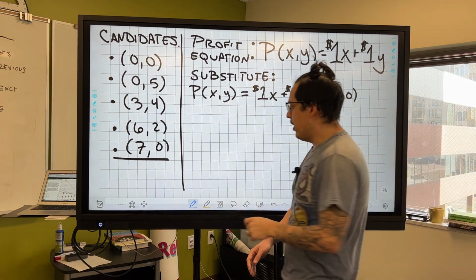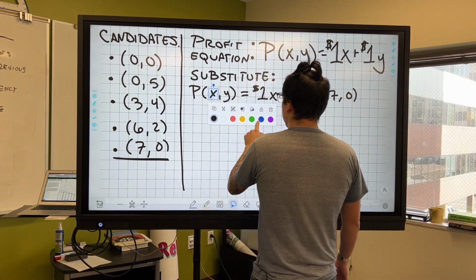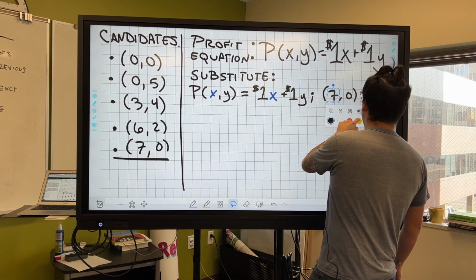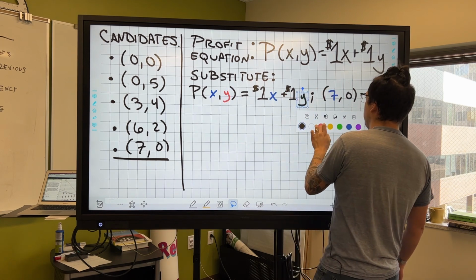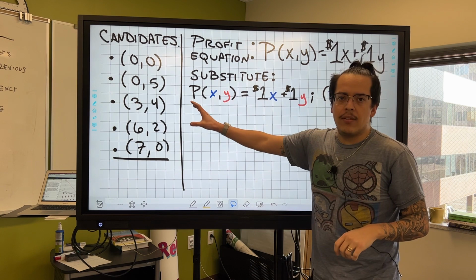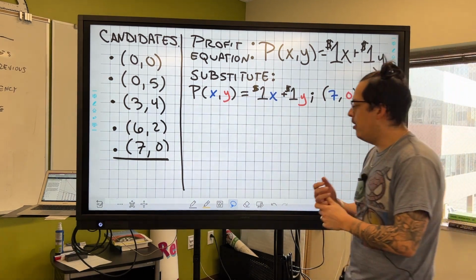So let me take a second to color code this the way I like to do. And now we have something where our substitution should be a little bit easier to visualize.